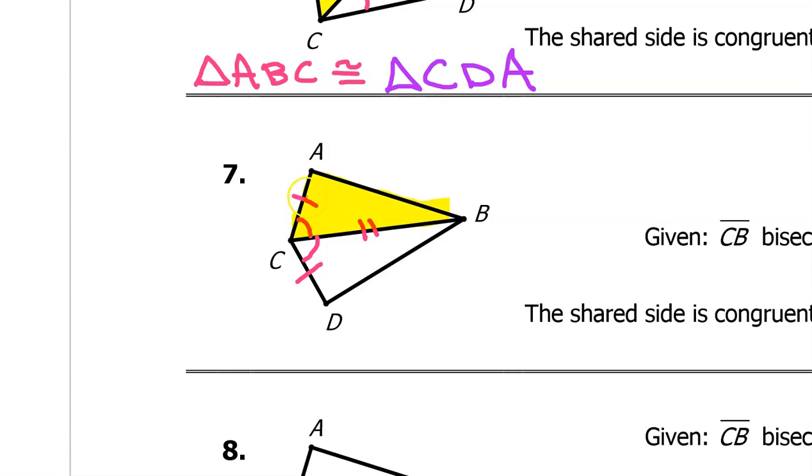I see that we have two sides and an angle. So this is either going to be side-side-angle, or it will be side-angle-side. Now, side-side-angle is not a thing. It does not prove that triangles are congruent. It's not one of the options.